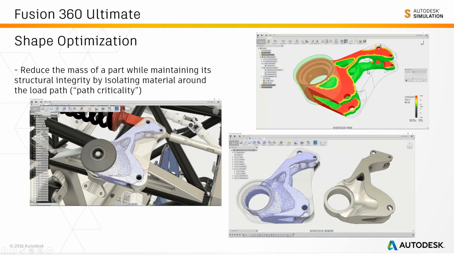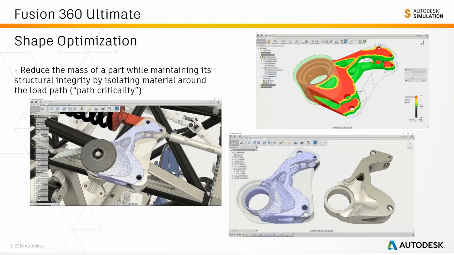So what you see here on the top right side is a plot of so-called path criticality. Basically, in terms of defined boundary conditions, loads and constraints, and how we're applying the so-called regions to keep, so areas where material cannot be removed from. The software will propose a new shape of your part.